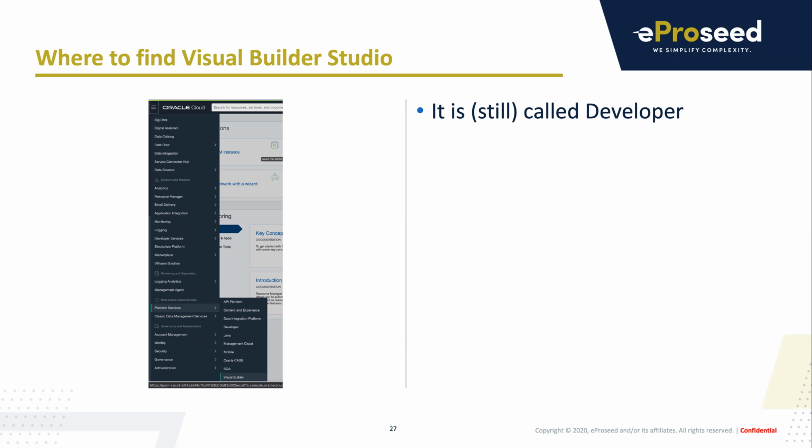So if you look in Platform Services, you see Visual Builder. When you click Visual Builder and provision something there, you will only get Visual Builder. So that's the development tool. So now you wonder, where's Visual Builder Studio? I asked product management, and it's called Developer. So when you click Developer, that will actually enable you to provision a Visual Builder Studio environment that contains both the Developer Cloud Service functionality and the Visual Builder functionality.